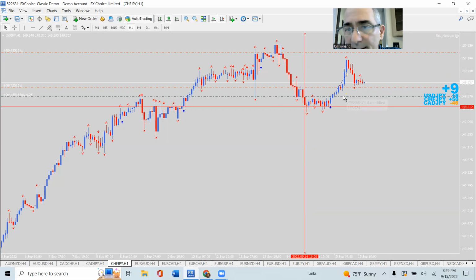So you can see right now, this is where I got in, okay? And right now, this is where the stop is on the rest of my position. It is actually set now at plus 32.5 pips. Because as this moved up, and then it moved down, and then it went back up, it moved my stop loss to this most recent fractal low right here.